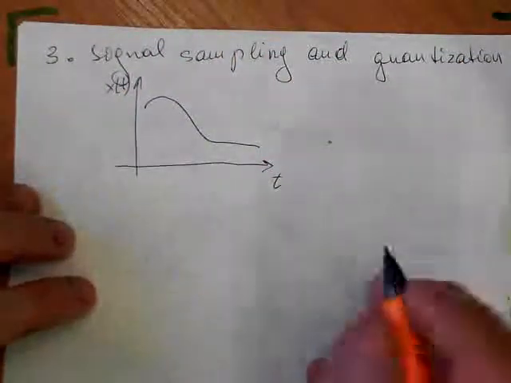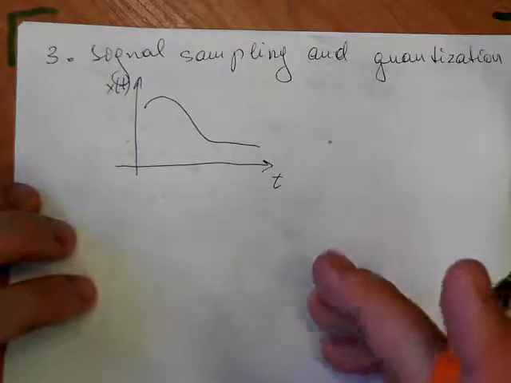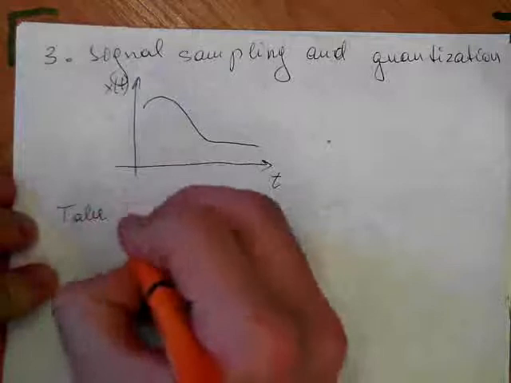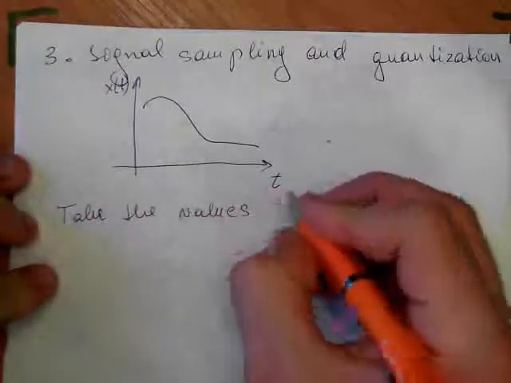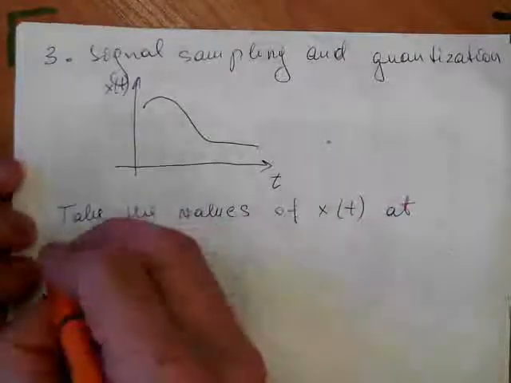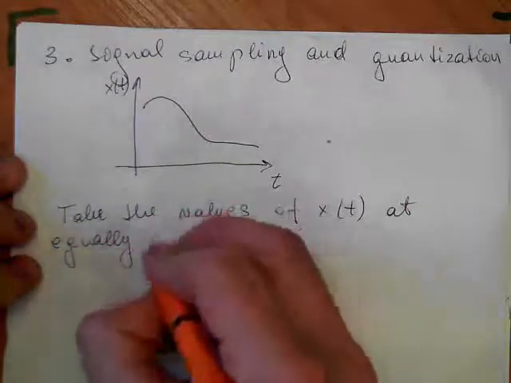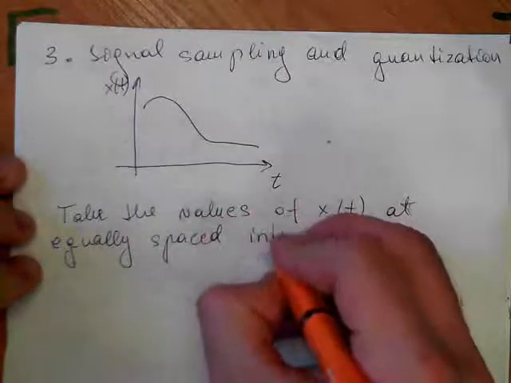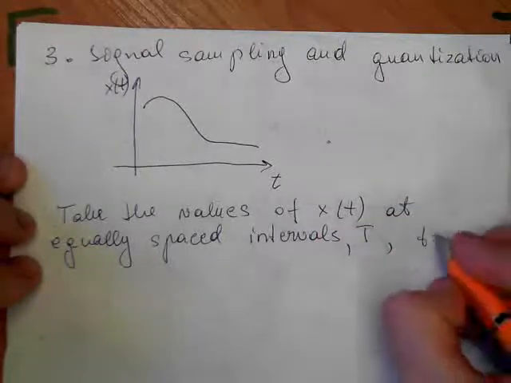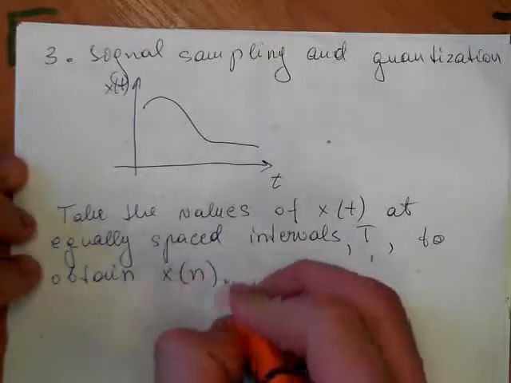So we take evenly spaced values of x(t), we take the values of x(t) at equally spaced intervals T to obtain x[n].